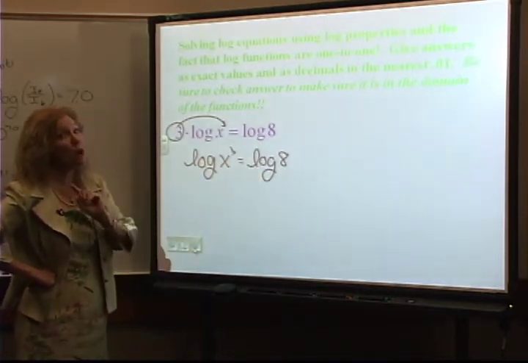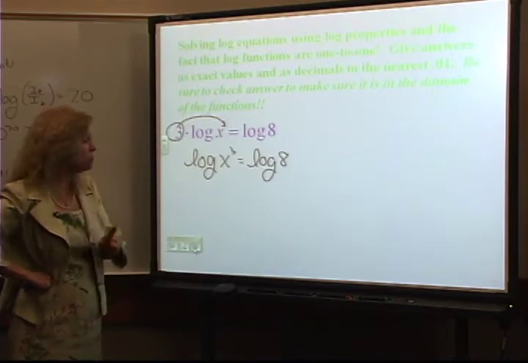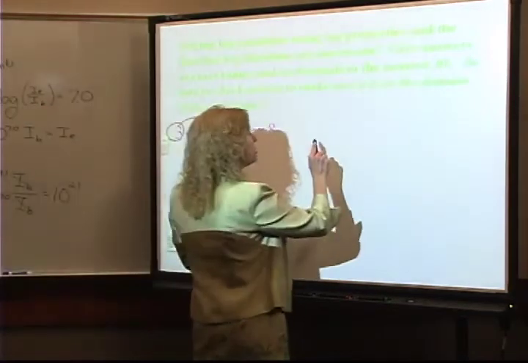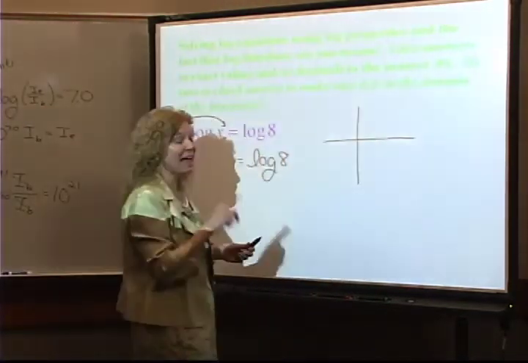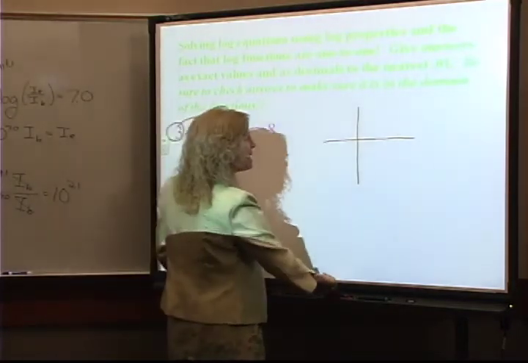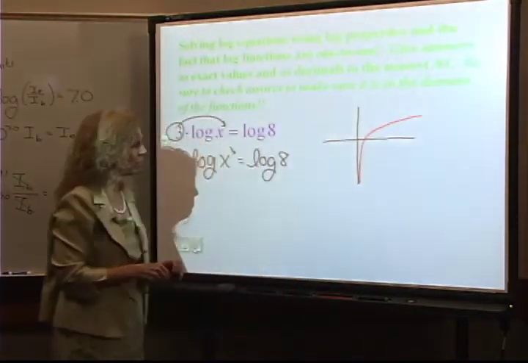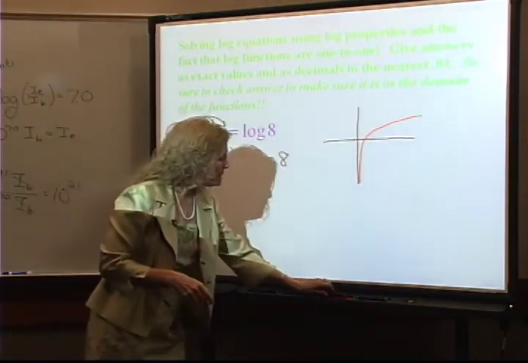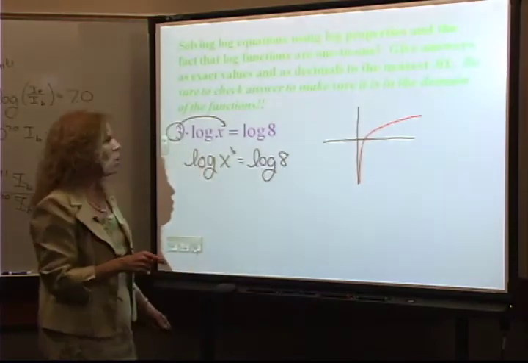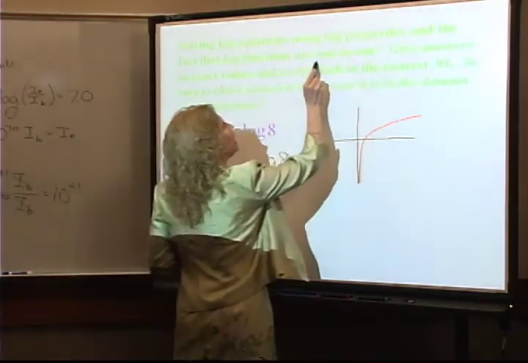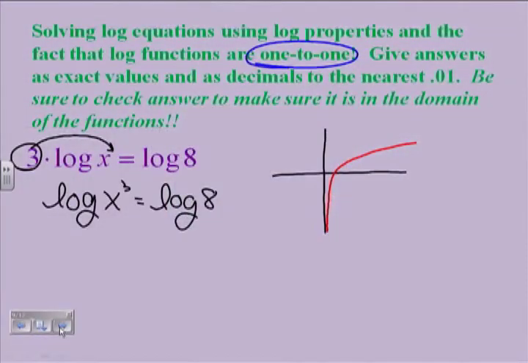You know, I don't want you to jump to any inappropriate conclusions. There is a very good reason why that will happen. Remember that graph of the log function I showed you just a few minutes ago? That particular guy is what we call 1 to 1. All of our log functions are 1 to 1, meaning that they pass the horizontal line test.